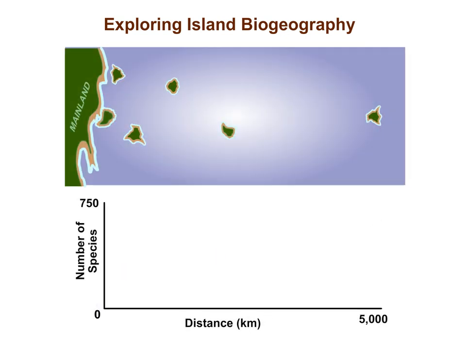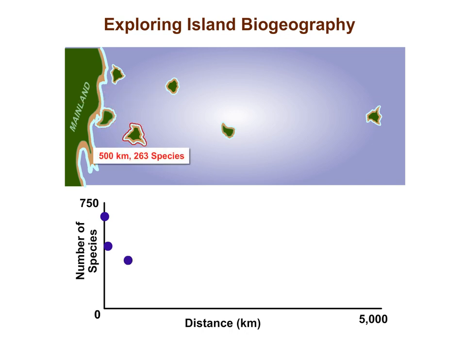Next, let's investigate how the distance from an island to the source of potential colonists, the mainland, affects the number of species that inhabit that island. The first island is 100 kilometers and has 344 plant species. The second island is 10 kilometers and has 655 plant species.